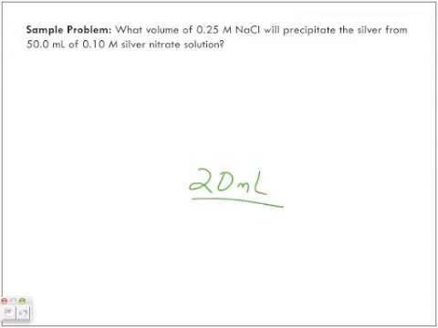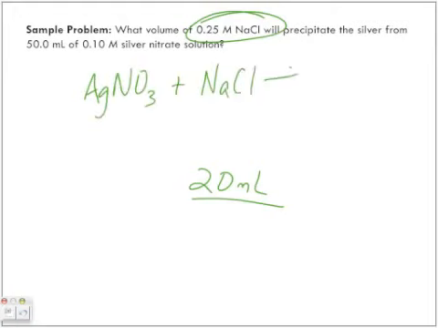So that's the concentration of sodium chloride. We have our equation: silver nitrate plus sodium chloride to produce whatever we're going to produce. This is the concentration that we've got of that, but we only have 50 milliliters of it. We want to figure out what is the volume that we're using of that in our combination.